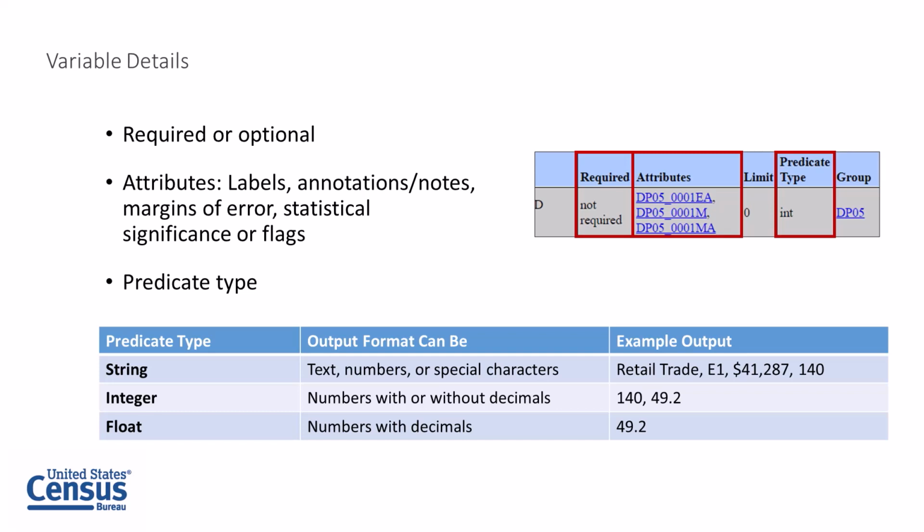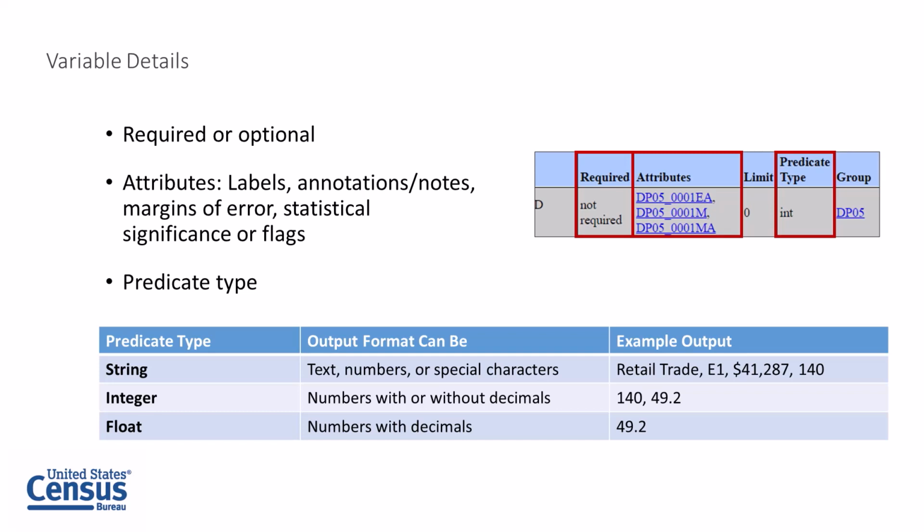So if you're working with a string variable, that tells you your output can be in the form of any combination of text, numbers, or special characters. For example, you could get output value that says retail trade, E1, $41,287, or 140.